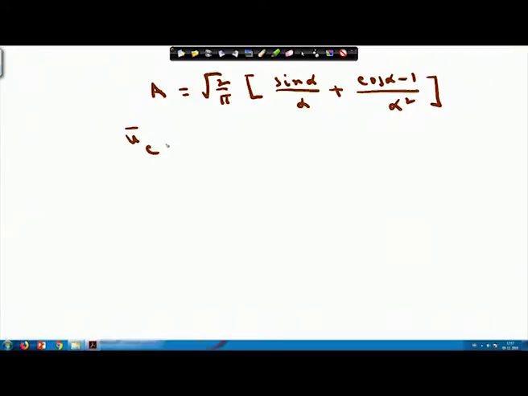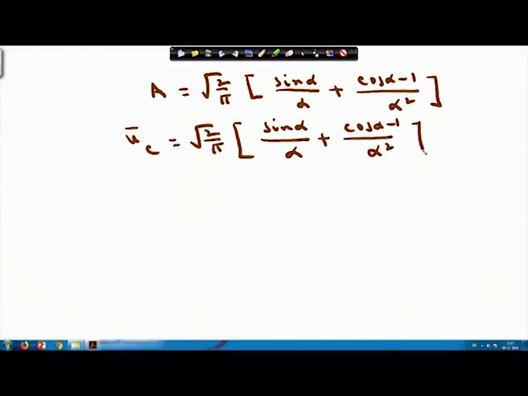So, u bar c will be equals to root over 2 by pi into sin alpha by alpha plus cos alpha minus 1 by alpha square into e power minus alpha square t.